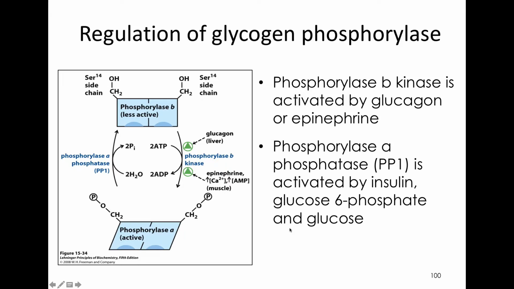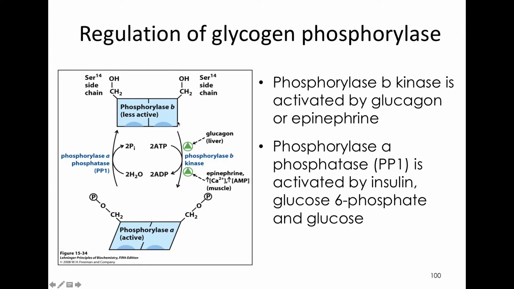So this is a cartoon trying to illustrate the phosphorylation of glycogen phosphorylase. We start from the two subunits of glycogen phosphorylase. This enzyme is an allosteric enzyme, by the way. It has a serine side chain, serine number 14.